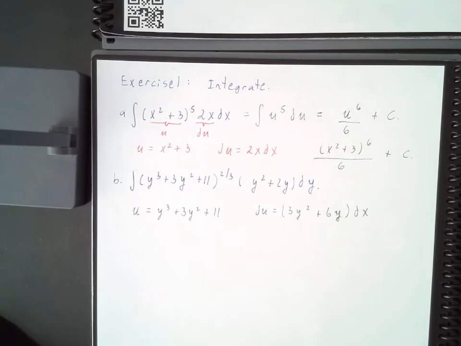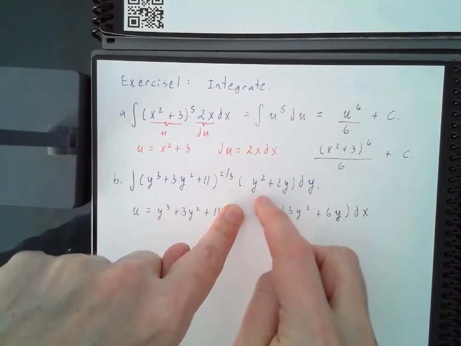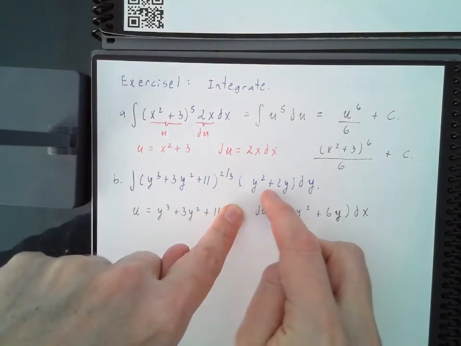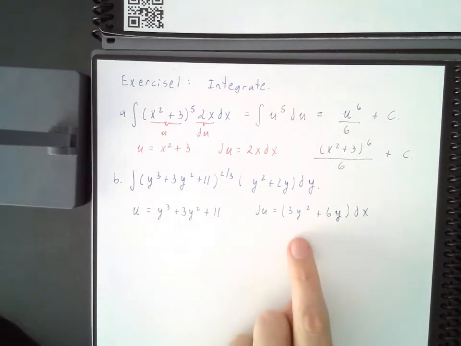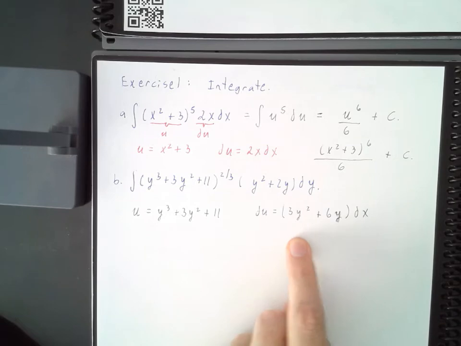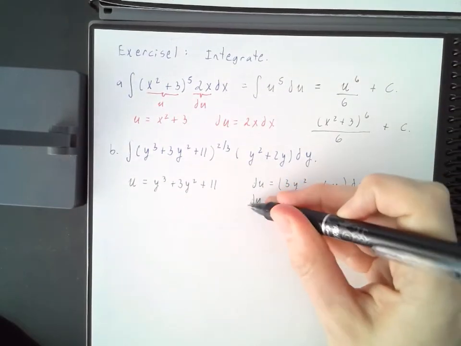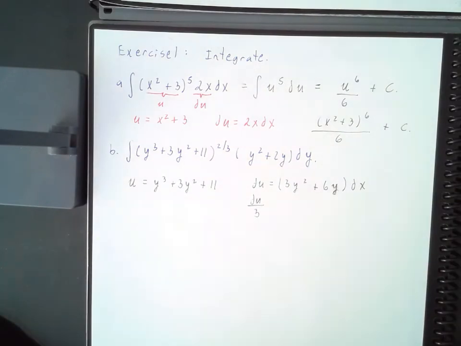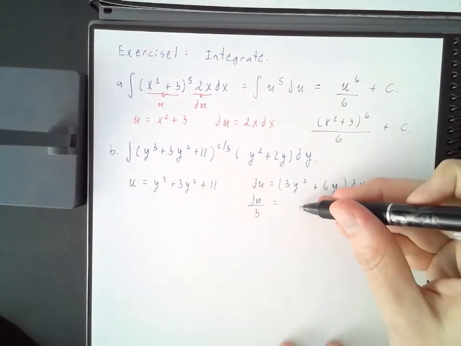You need y squared plus 2y, otherwise this function would be impossible to integrate. So what you're seeing right now is that we don't have exactly over here 3y squared plus 6 times y, but basically, if we just divide this du by 3, and there are other ways you can find what is the right constant, so you can do the right substitution.